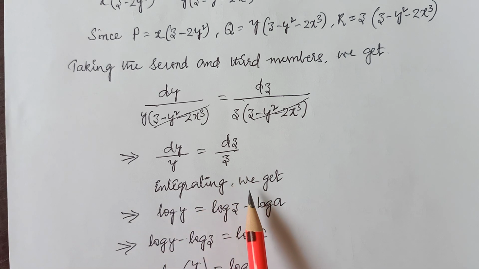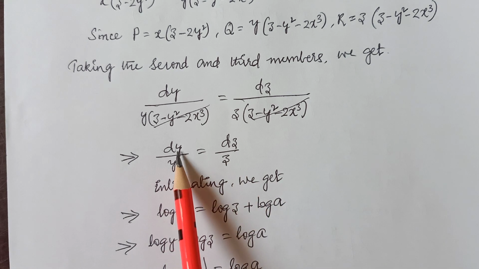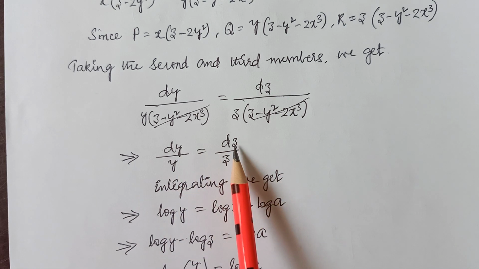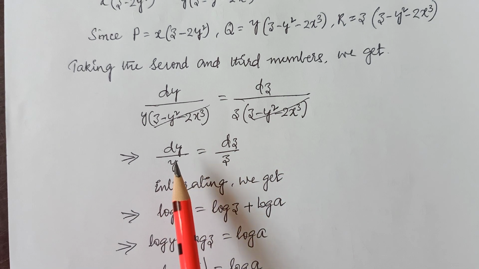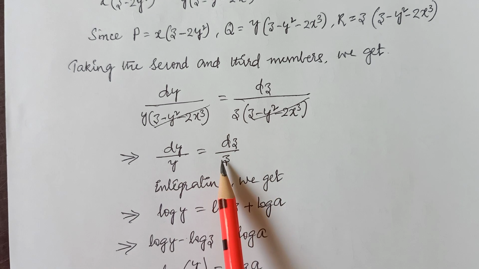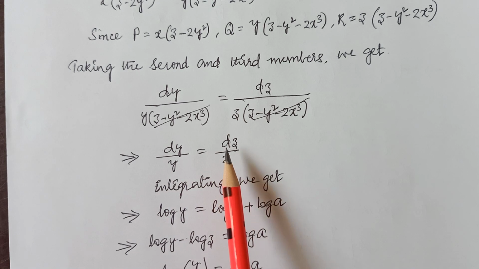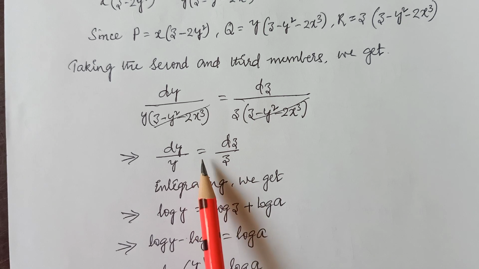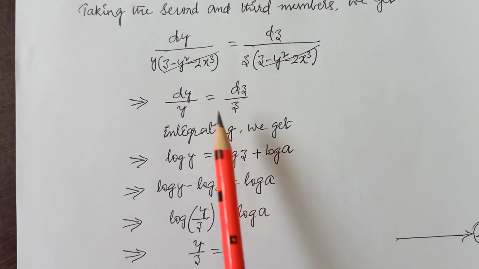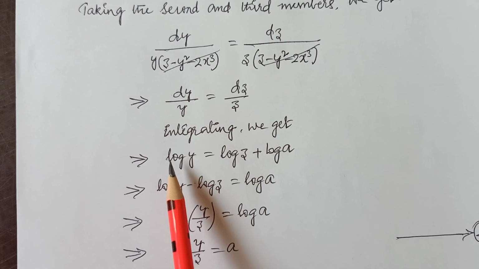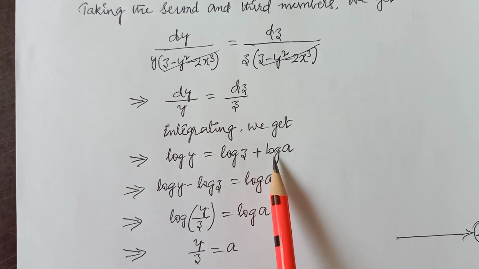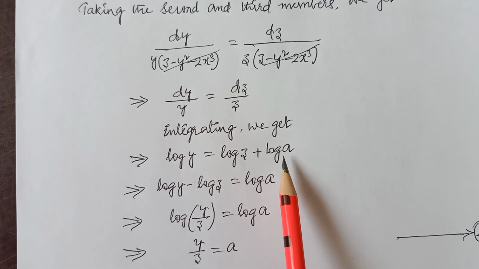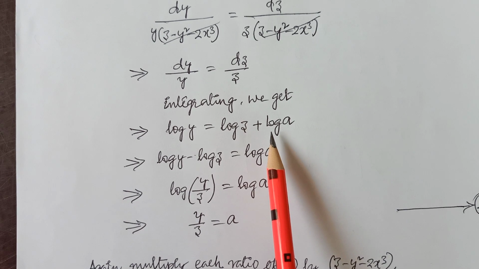Now integrating, I told you whenever we integrate this, the dy coefficient must be a function of y, that may be 1 by y or y square, and the dz coefficient a function of z, 1 by z, z or z square, or any constants also, not a problem. Now integrating, what is the integral of 1 by y? Log y. Integral of 1 by z? Log z, plus log a as an integral constant.